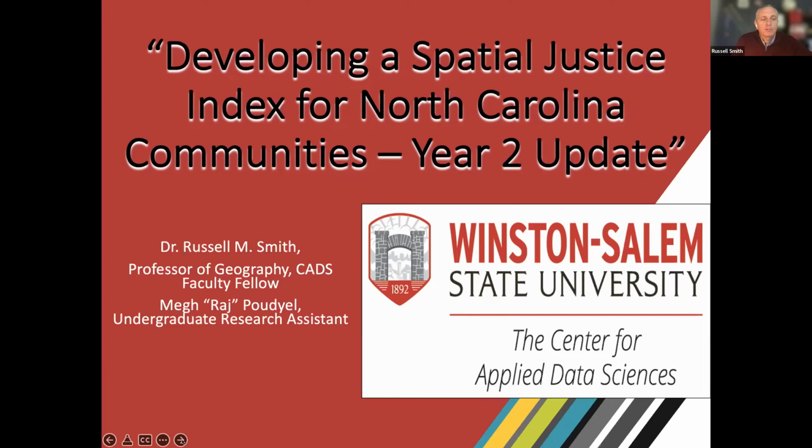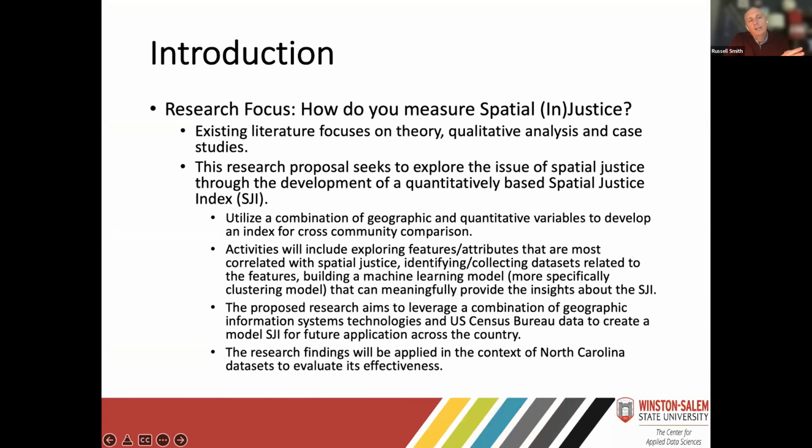Let's see if it'll let me advance my screen. There we go. So the focus of this is basically how can one measure spatial justice, or in more real terms, spatial injustice. So it's a geographic question. Most of the existing literature has focused on theory of what it means to be spatially just or unjust, some qualitative case studies and analysis of specific locations and specific programs.